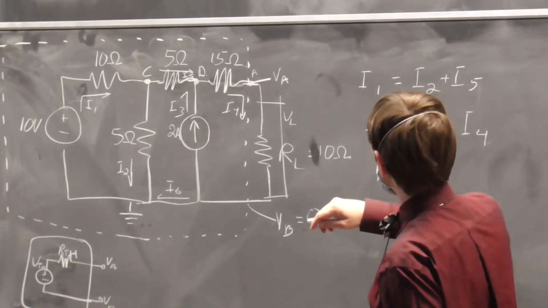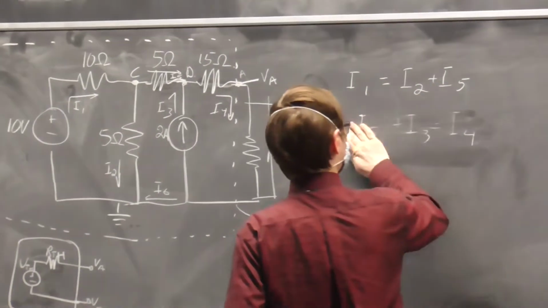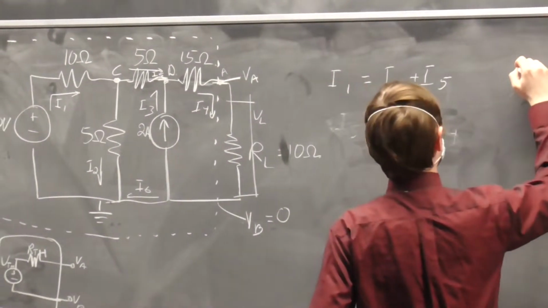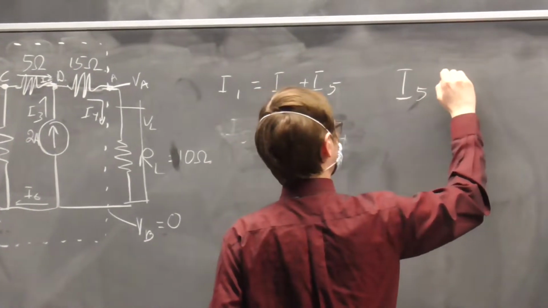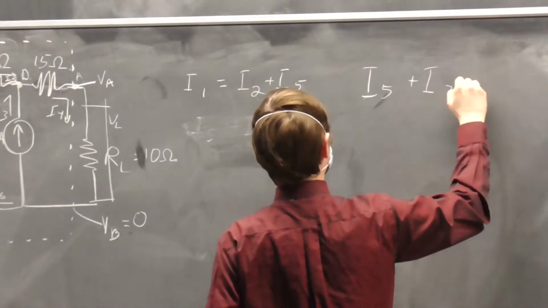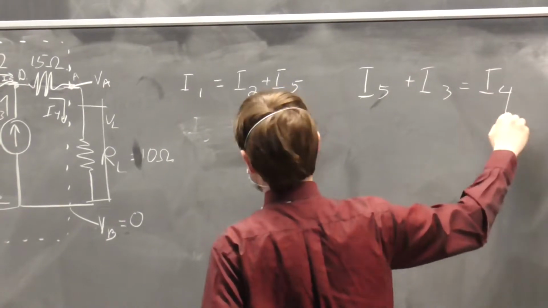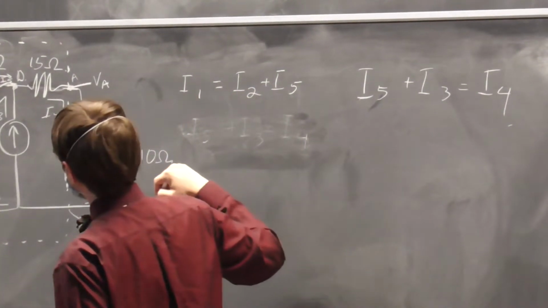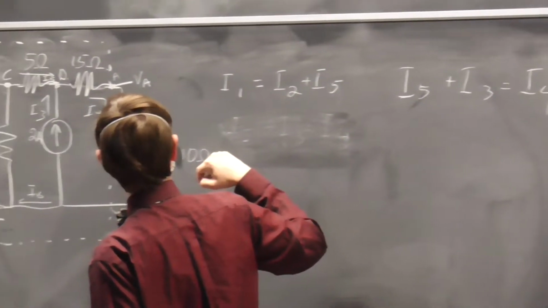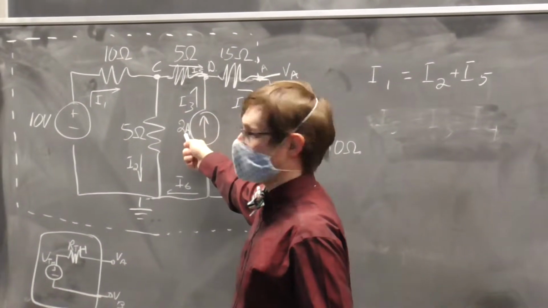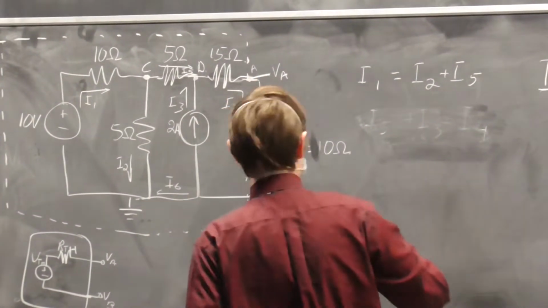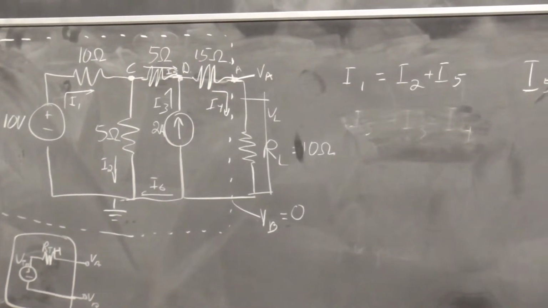So we can start substituting things. Let me just move this guy over here. So, some easy substitutions. First of all, we know that I3 is equal to 2 amps. So we can just substitute that directly and immediately.